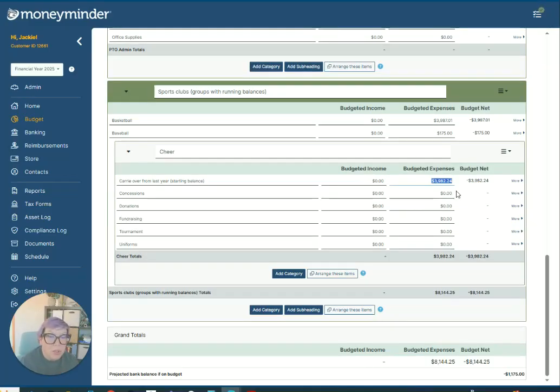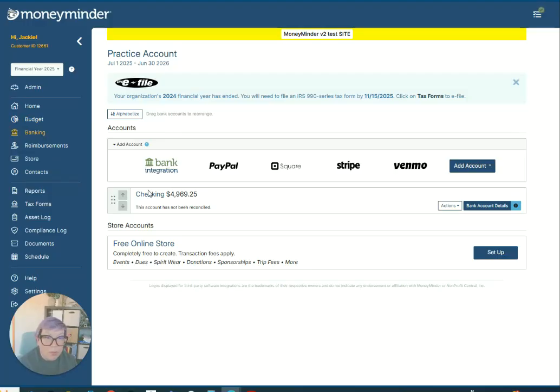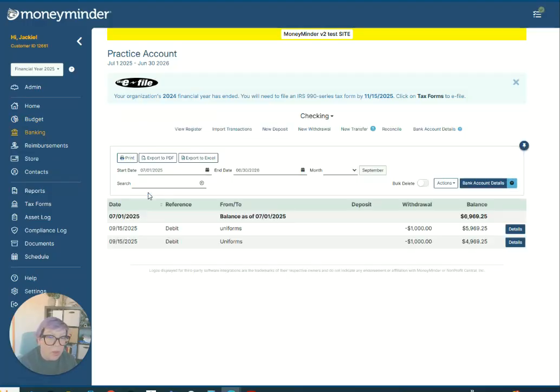I wanted to also show you what it's going to look like two months from now, when you need to go to that cheer coach and show them how they're doing throughout the year. So let's pretend that we've gone through a couple of months and we've logged some withdrawals. We logged one for basketball and we logged one for cheer, and they both bought uniforms.